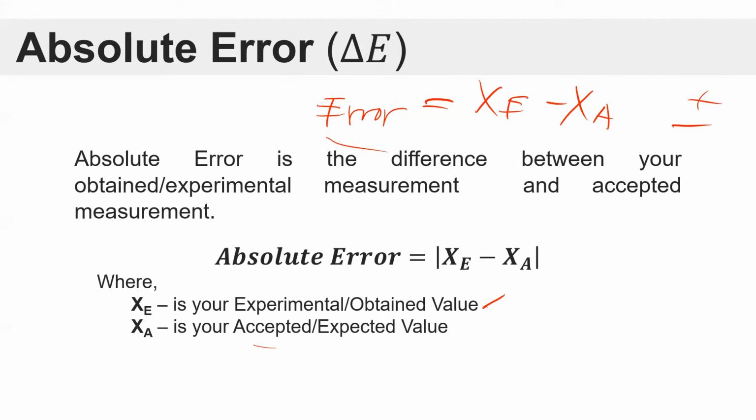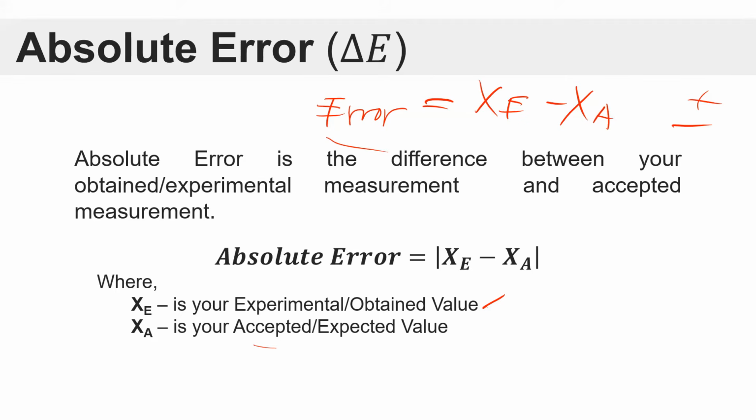So absolute error is the measure of how far your obtained measurement is from the accepted value. When solving for the absolute error, you are measuring the actual size of the difference between your obtained and true value.